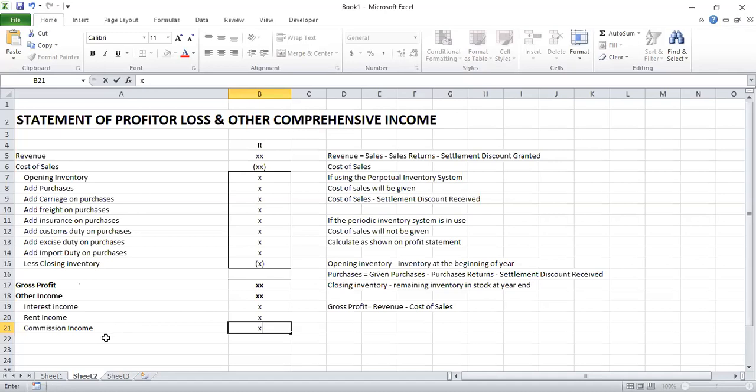Then we have credit losses recovered. Sometimes you would find that some businesses sell on credit. Most businesses sell on credit to boost their sales. I think even you yourself, if you say you're selling on credit, you'd find that many people will buy. But there's a risk associated with selling on credit.